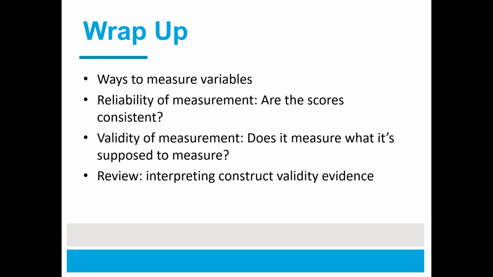We also talked about the validity of measurement, how this is different from reliability, and focuses on how the measure is related to other measures. Validity refers to how well something is actually measuring what it's meant to. Finally, we broke down the different ways in which we can measure construct validity, the 2 subjective methods of face and content validity, and the 3 empirical methods of criterion, convergent, and discriminant validity.